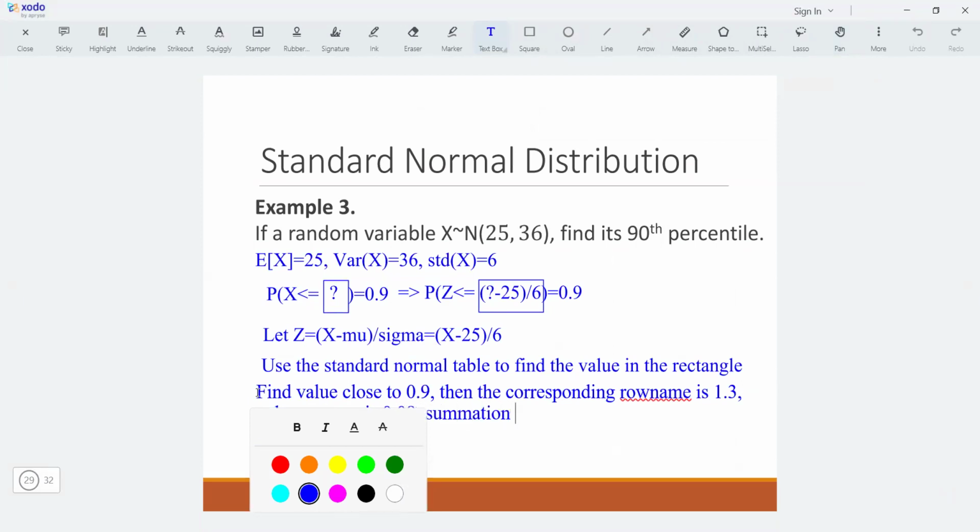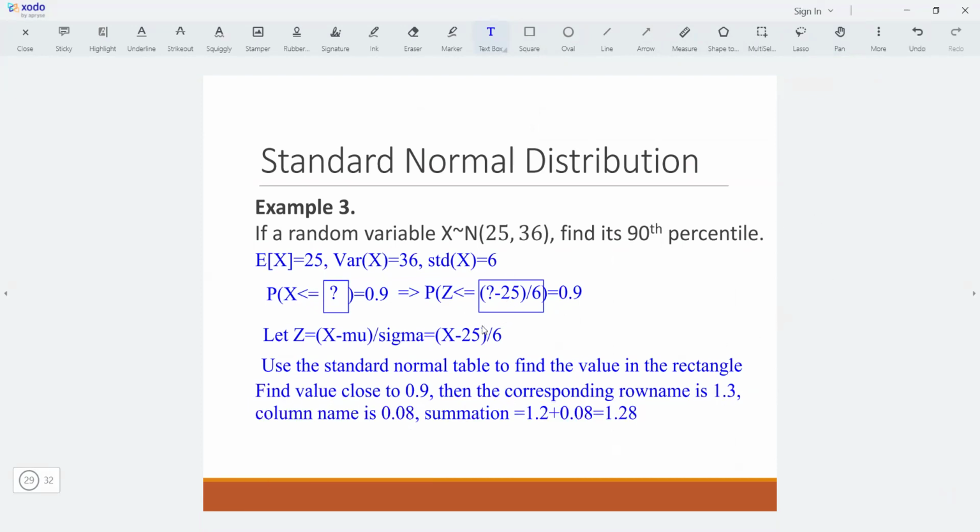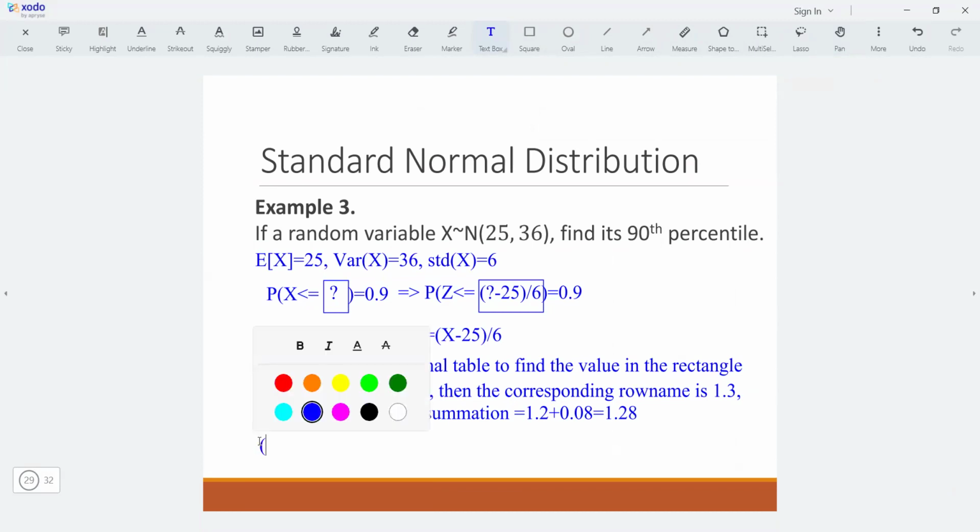So the summation is 1.2 plus 0.08, which is 1.28. This is our value in the rectangle. In other words, we have the question mark minus 25 divided by 6 equals 1.28.